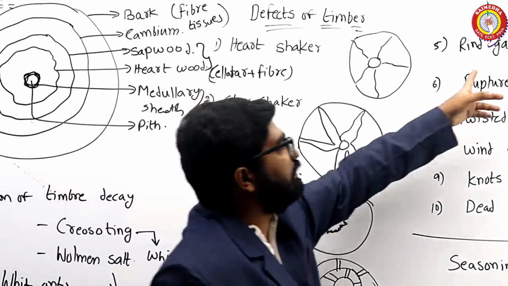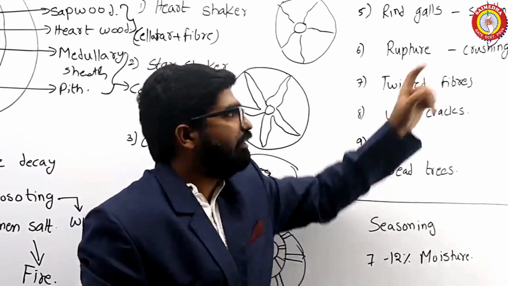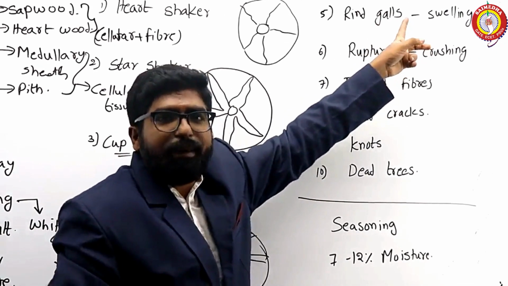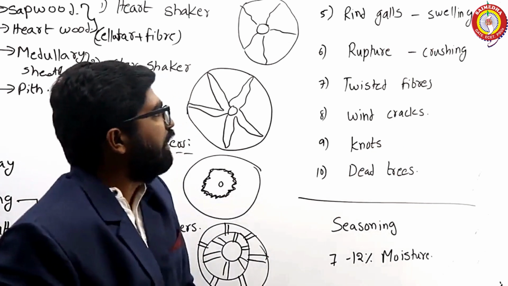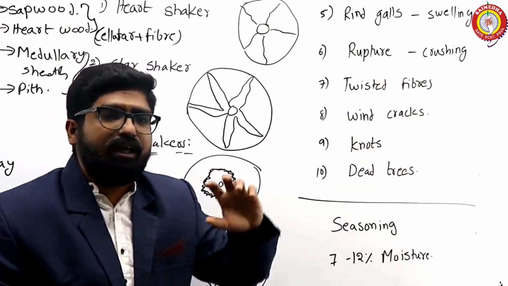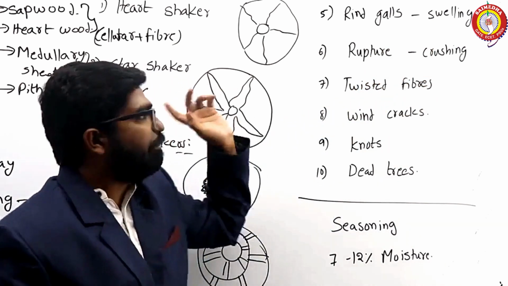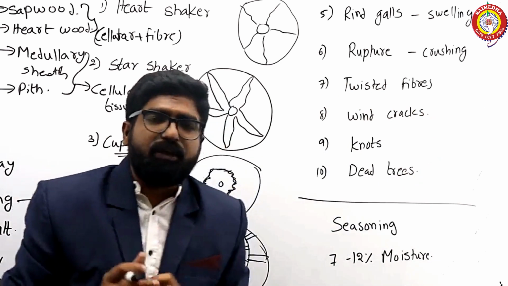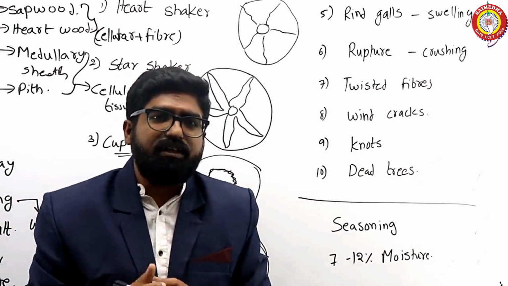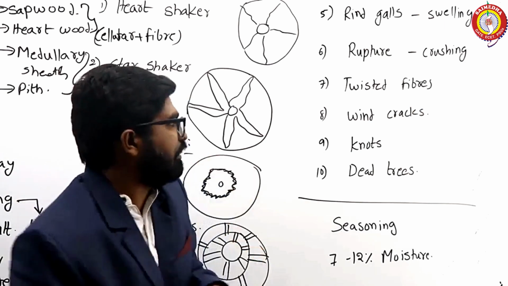And the next defect is ringed walls. Whenever there is some swelling in the timber, then possibly ringed walls might be seen in a timber structure. And next, rupture. Because of crushing of trees, there can be rupture of the timber. And twisted fibers: because of wind twists and all, there can be twist of fiber, and we can see some defect in timber structure.